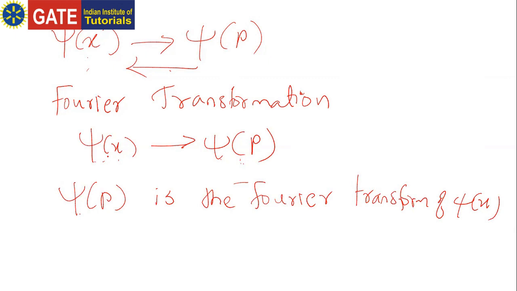Don't worry, you will get a direct question from this part. Transform psi of p to position space, or psi of x to momentum space. Remember the equation. I will give you the equation.